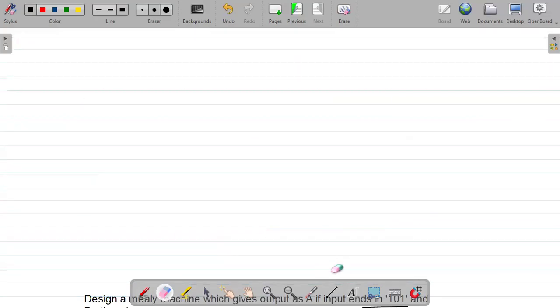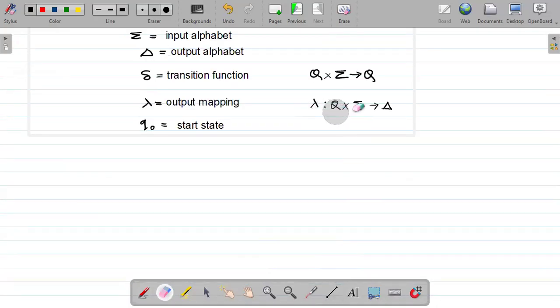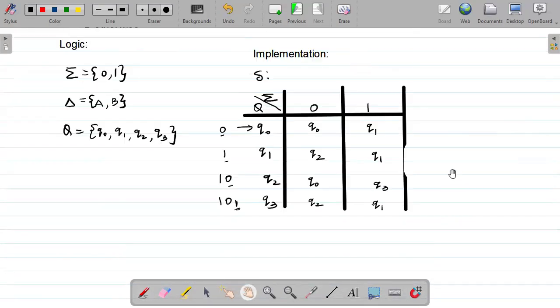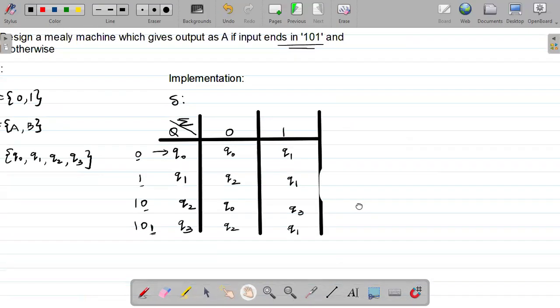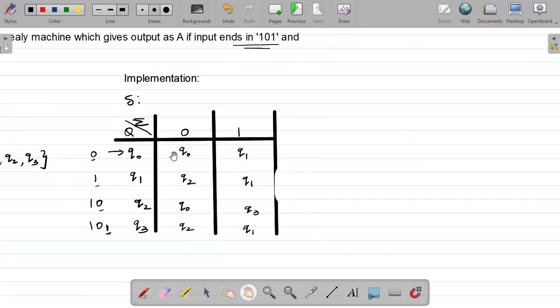If you see the output mapping, it tells Q × Σ gives us Δ, the output. So we'll have to make a table similar to this, and then we will understand how it works.